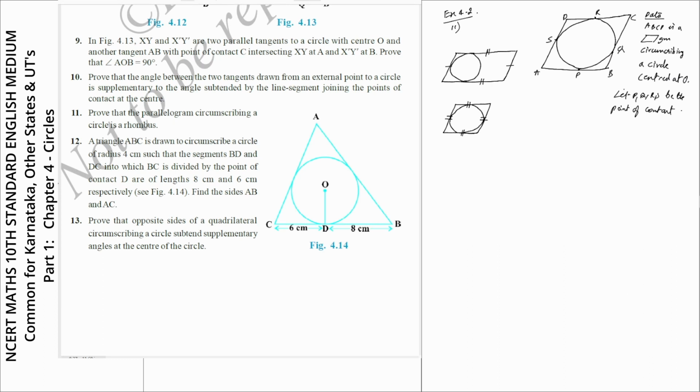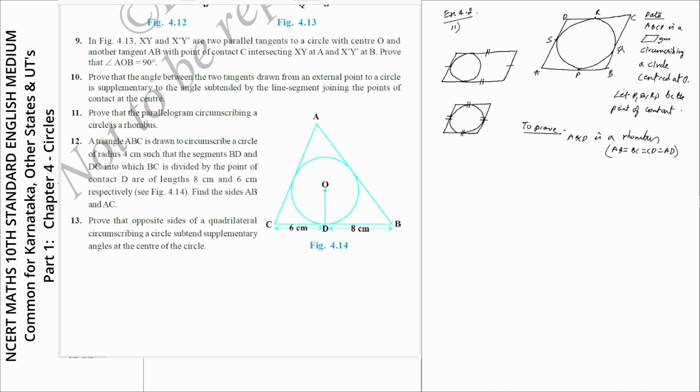Now I should prove that ABCD is a rhombus. So in other words, what should I prove? I should prove that AB is equal to BC is equal to CD is equal to AD.